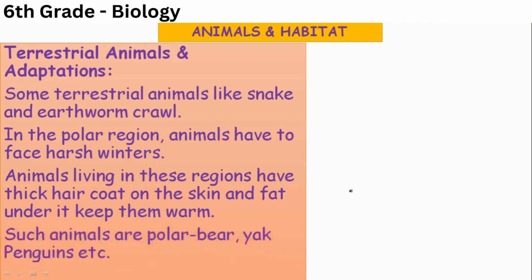Some examples of animals which live in the polar region are polar bear, yak, and the penguins. So the terrestrial habitats are where the plants and animals that live on land are found.